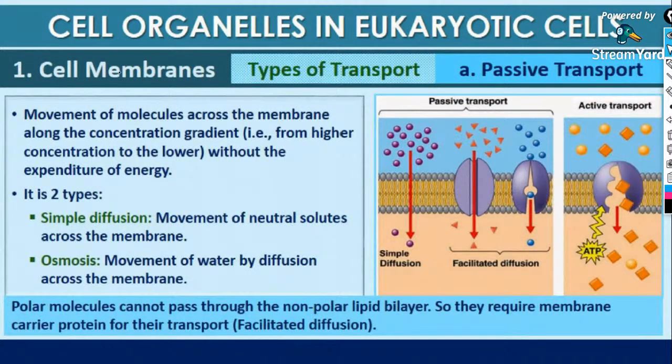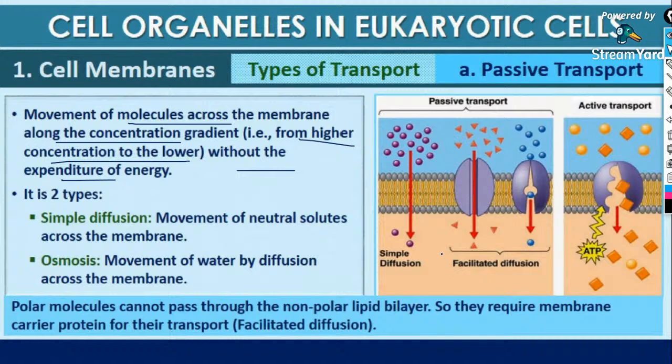So, moving on with passive transport. It is the movement of molecules across the membrane along the concentration gradient, that is, from a region of higher concentration to lower concentration, without the use of any energy.